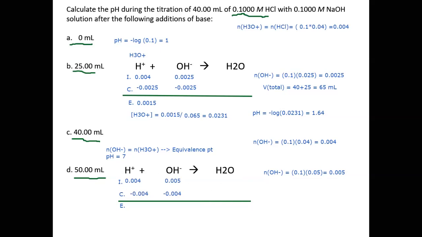So here we have an excess of OH minus, so we're beyond the equivalence point. So now we know the moles of hydroxide now.